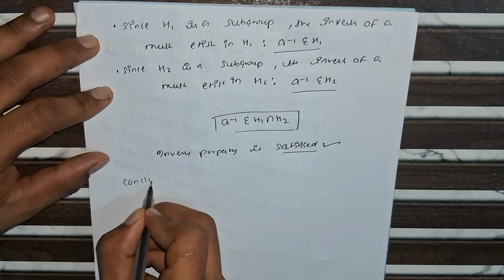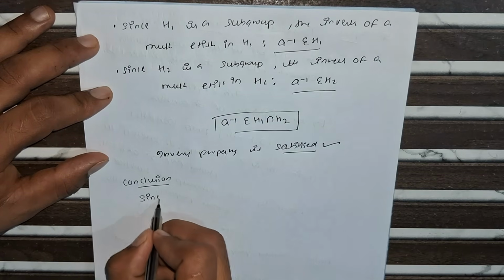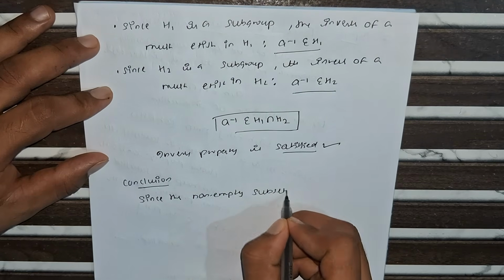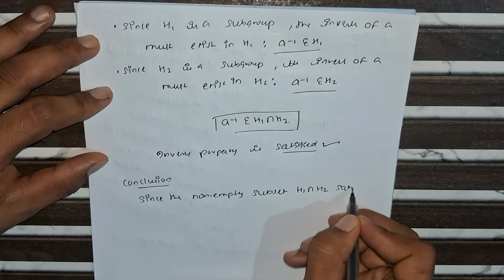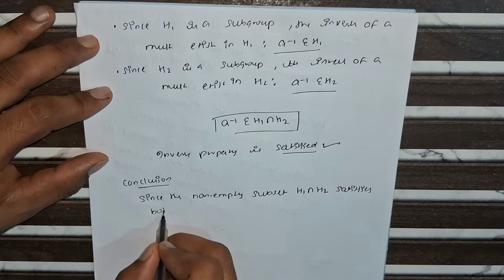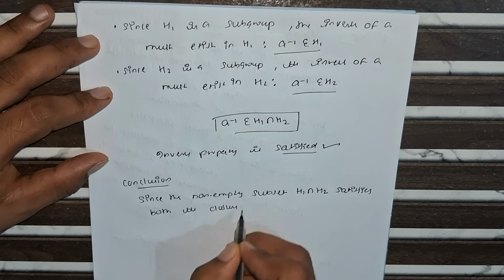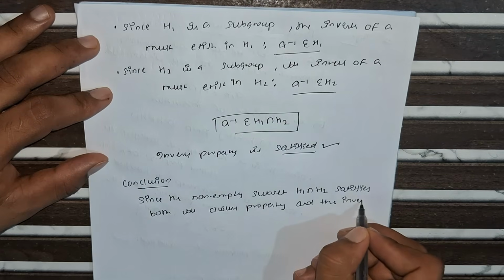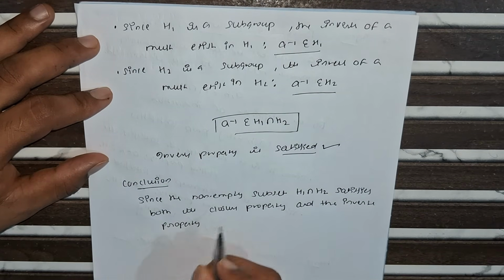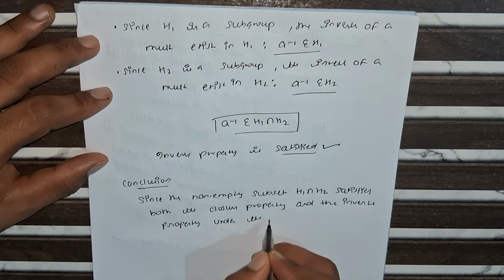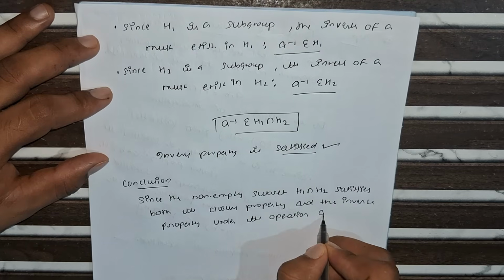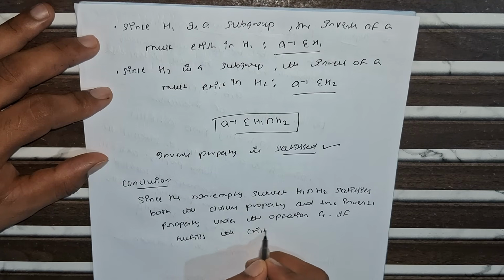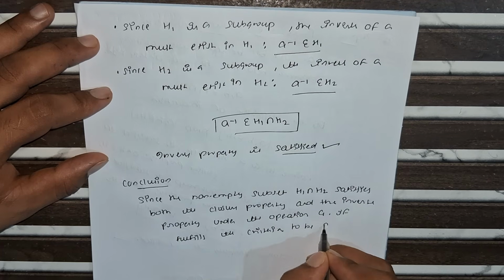So in the conclusion part, I am writing here: since the non-empty subset H1 intersection H2 satisfies both the closure property and the inverse property under the operation G, it fulfills the criteria to be a subgroup.